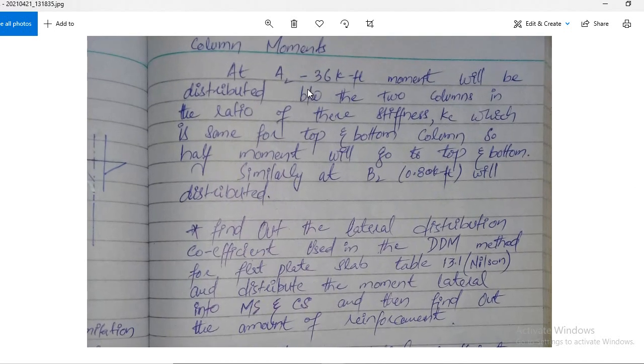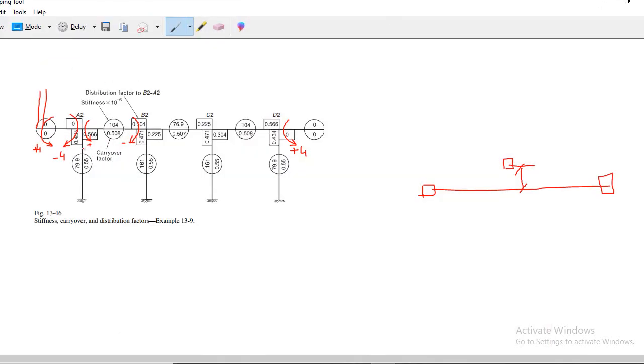Now the rest of the things are the same. See in this figure, you have to find the moment for this column. At this face we got 36 foot-kips of moment. This moment and this 4 as well will be distributed to this column in view of its stiffness, as we did in lecture number 6, 7, I think.